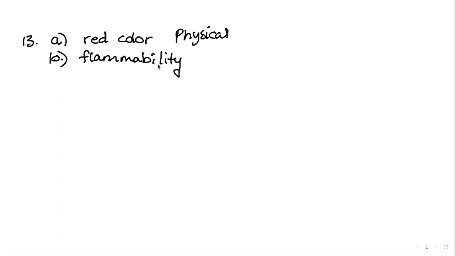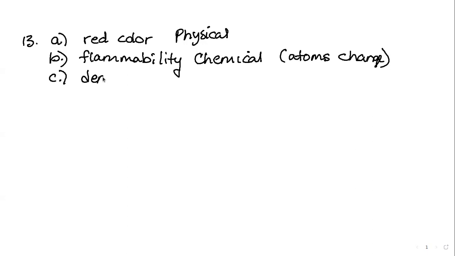And burning cannot stay the same. The atoms change. So this will be chemical because the atoms change in burning. Okay, C is density. Density doesn't change looking at it, so it's physical. Doesn't change the atoms. The atoms stay the same before you do it as in after.